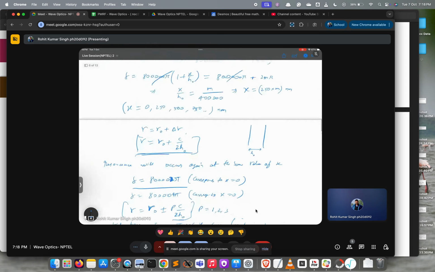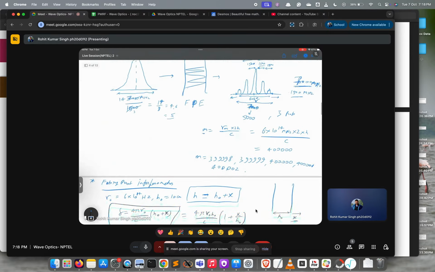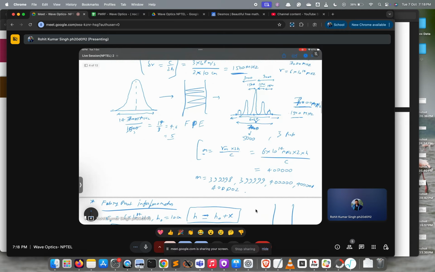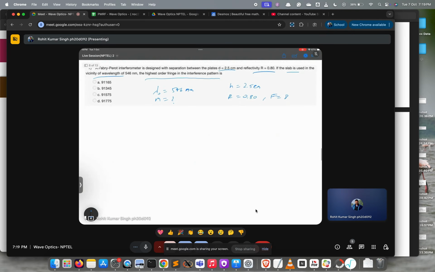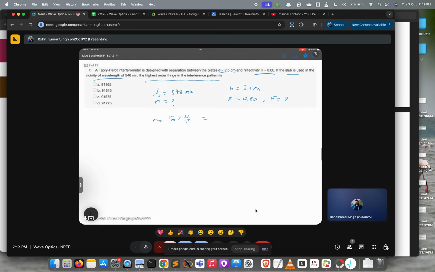That formula, yes, the one we used earlier. Nu m we can find by c by lambda. So with 2h by c, it's basically 2h by lambda, right?